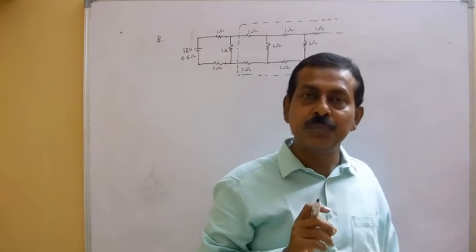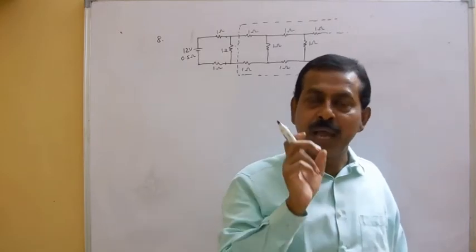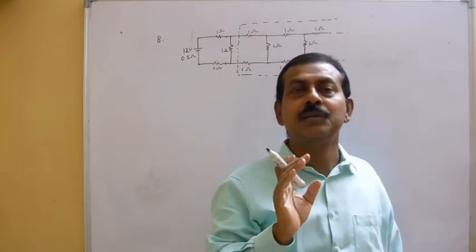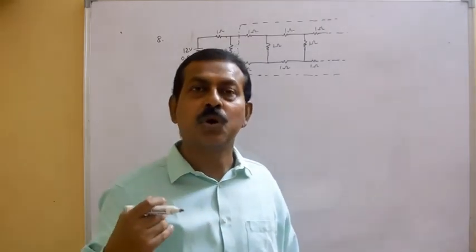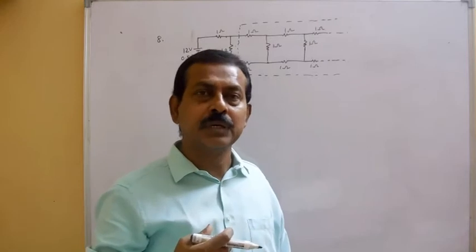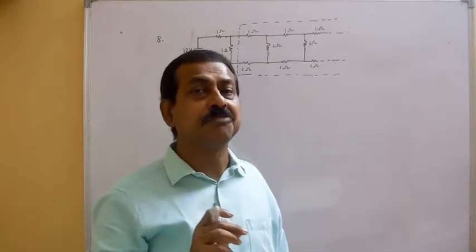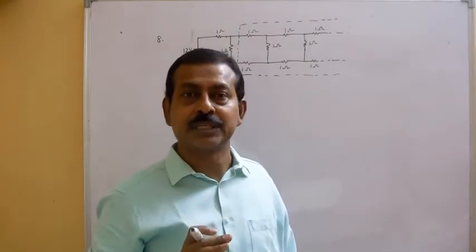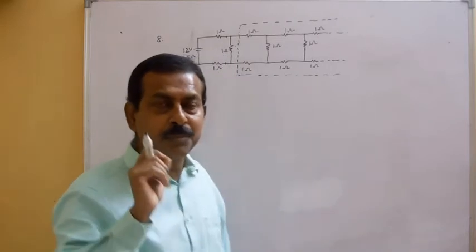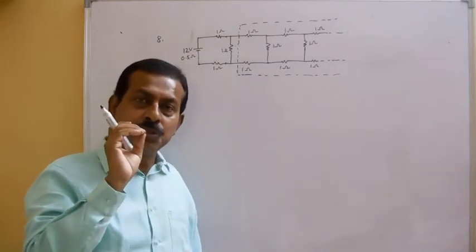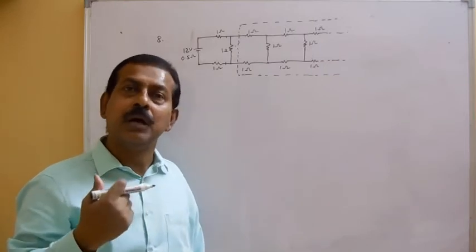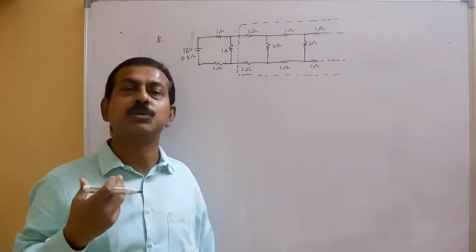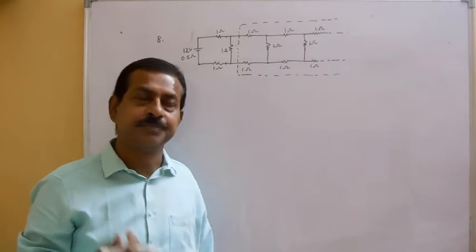The only difference is that it now has 1 unit less than the original one. But since it is an infinite unit network, removing 1 unit will not affect the resistance of the circuit. That is the basic theory on which we derive the value of the unknown, the equivalent resistance of the circuit.